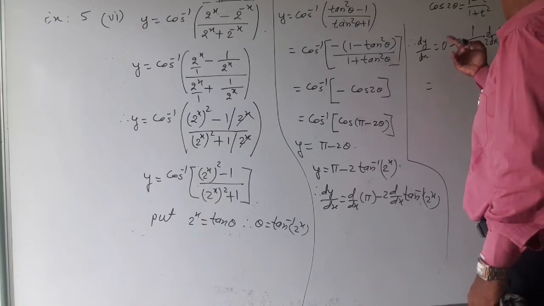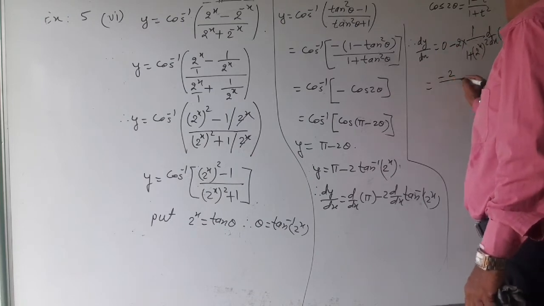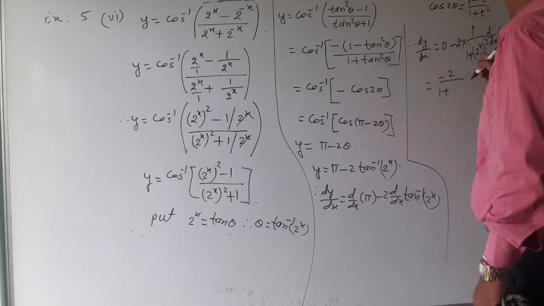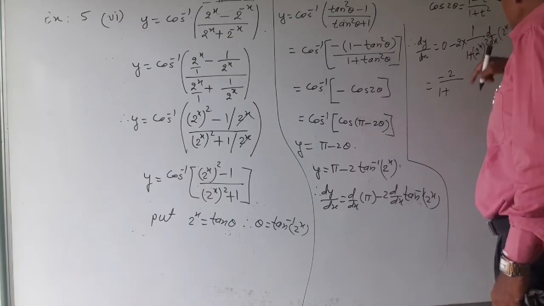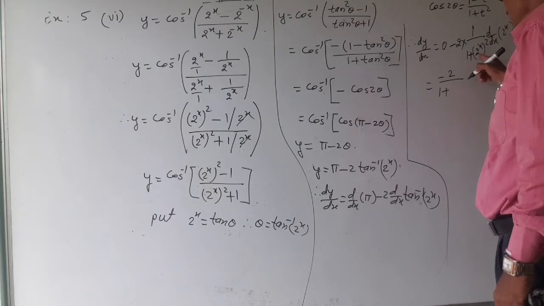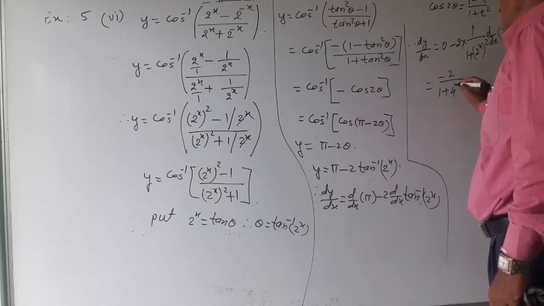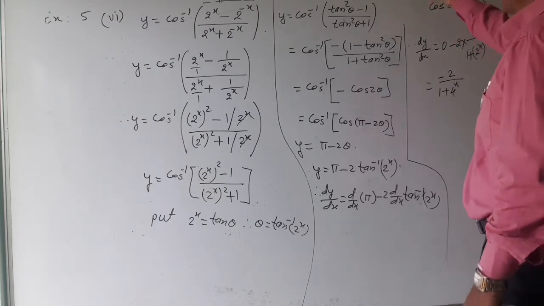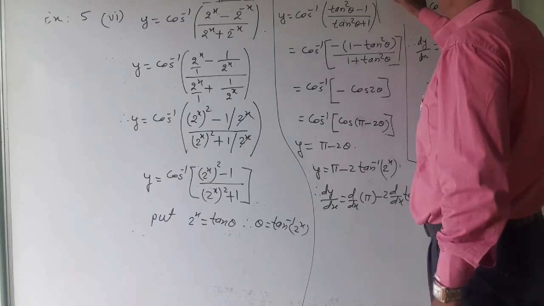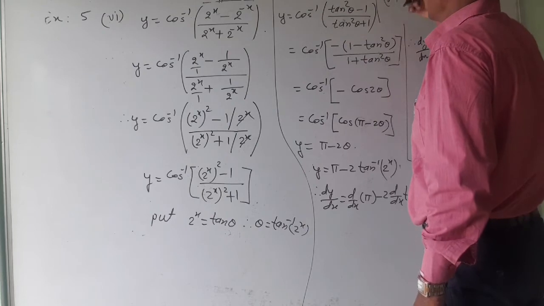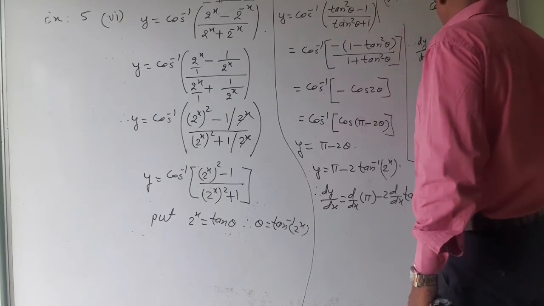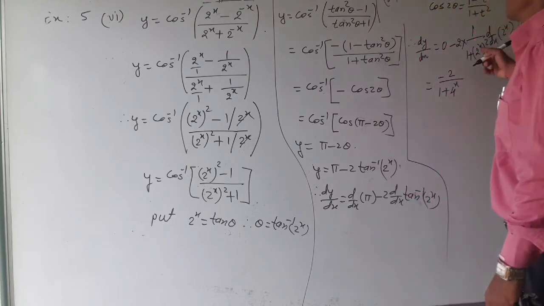That is equal to, minus 2 upon 1 plus 2 raised to x raised to 2. We can write it as 4 raised to x also. Because how? 2 raised to 2 raised to x, this way also I can write it: 2 raised to 2x, index raised to index, multiplication of the indices.